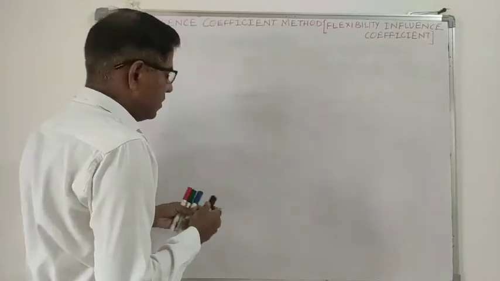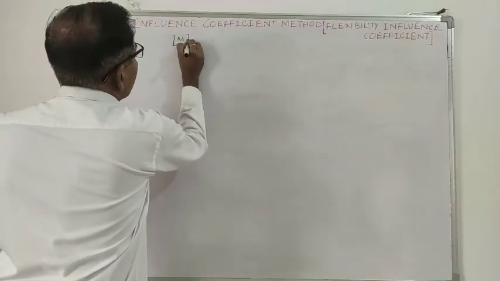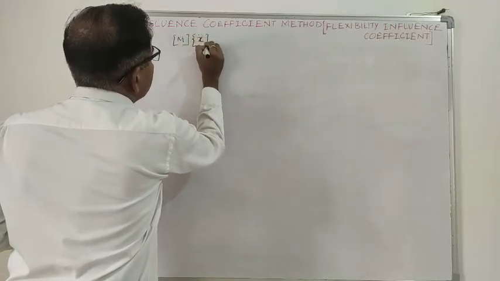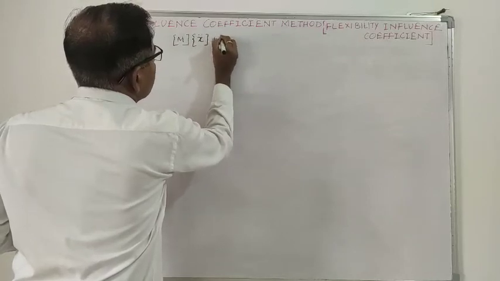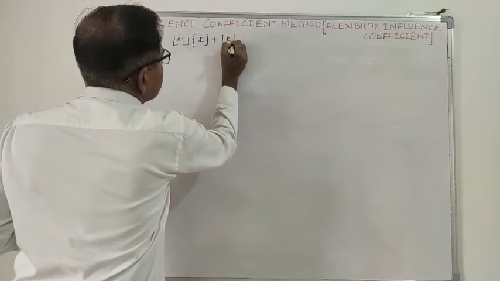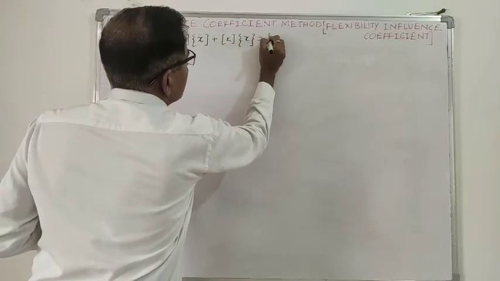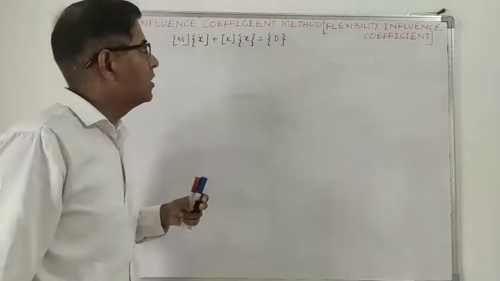Now we know that the equation of motion of multi-degree freedom system will be M matrix into X double dot plus K matrix into X is equal to 0. So this is for undamped free vibrations.